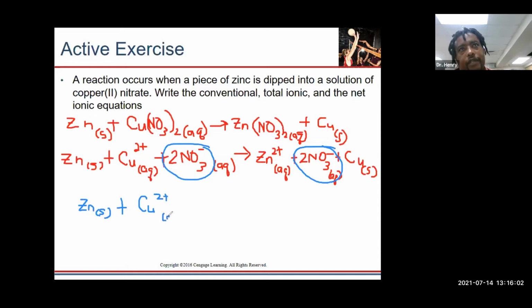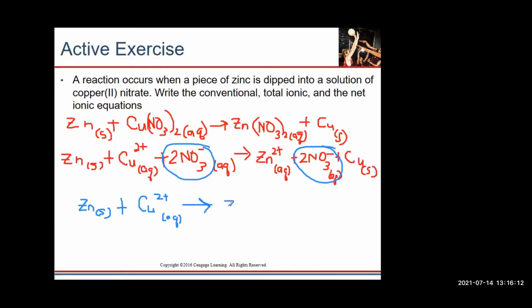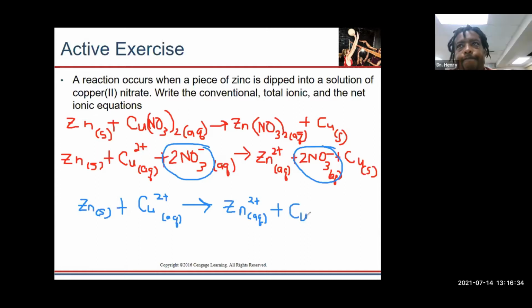And then the arrow, and then Zn 2 plus aqueous plus Cu solid, right? Piece of cake? Yes.